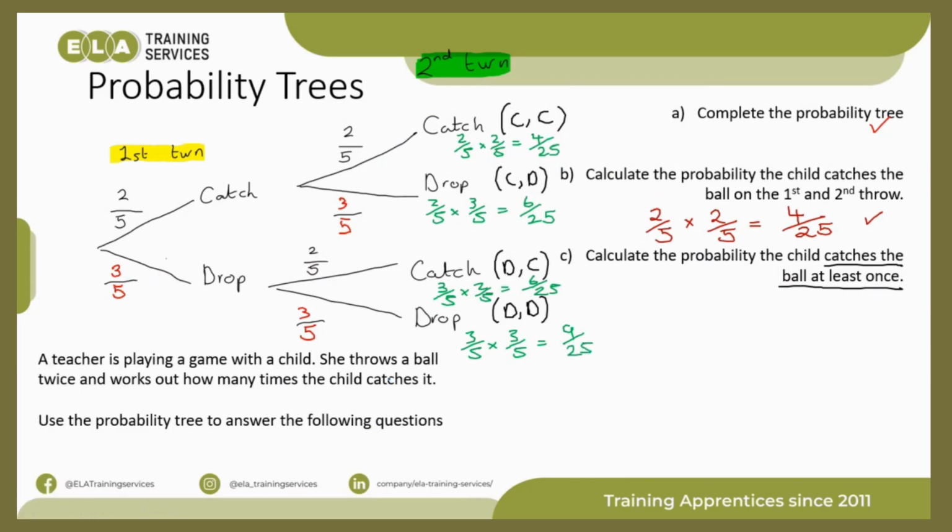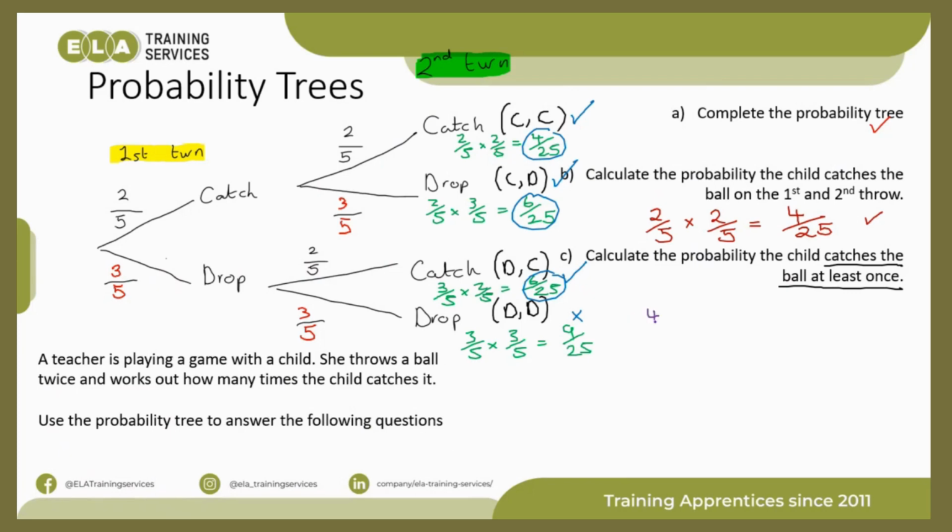Our next step now is to tick all the ones that apply to the question. So catches the ball at least once. So we're looking for all the outcomes that have the probability of catch at least once. Does catch, catch? Yes. Does catch, drop have at least one catch? Yes. Does drop, catch? Yes. Does drop, drop? No. So then our final step is we add the probabilities.